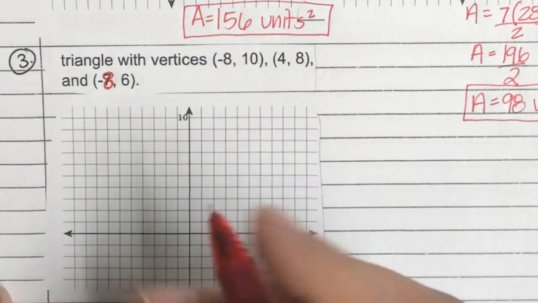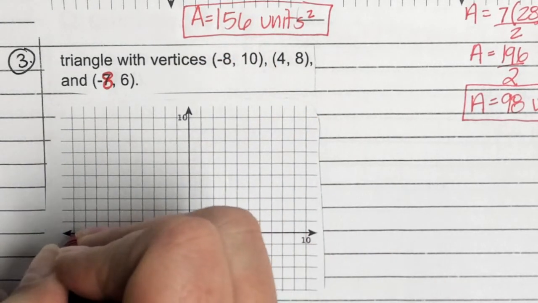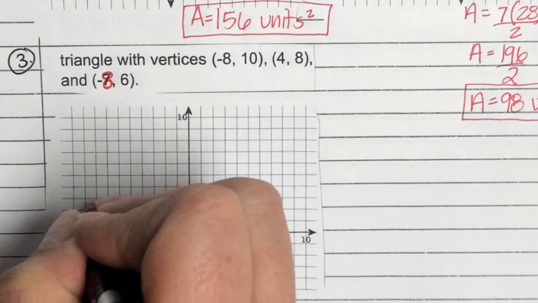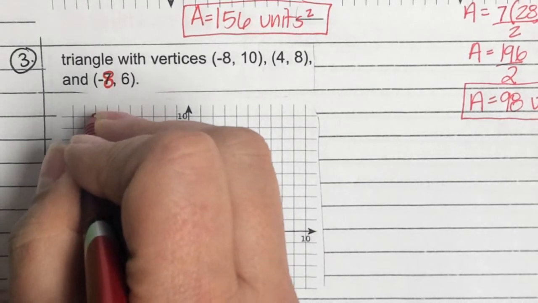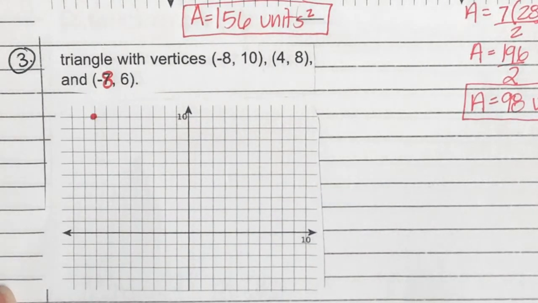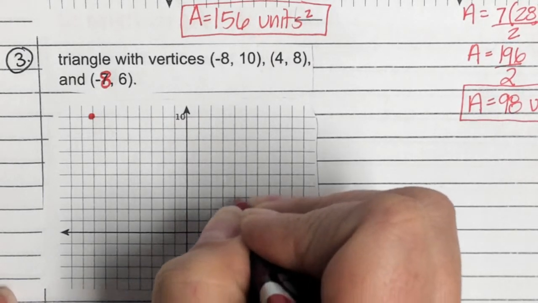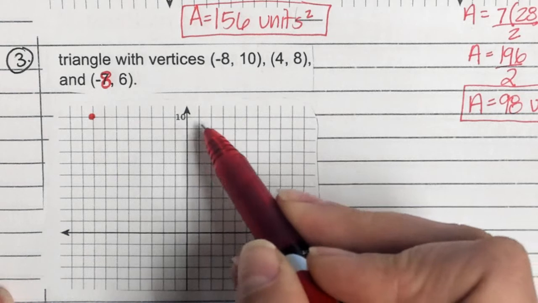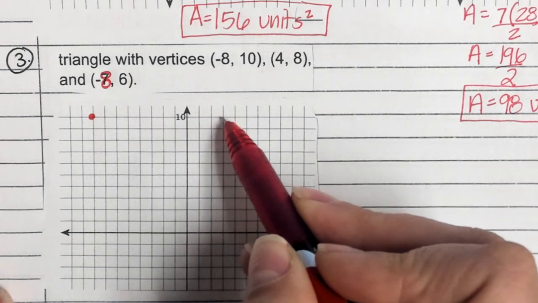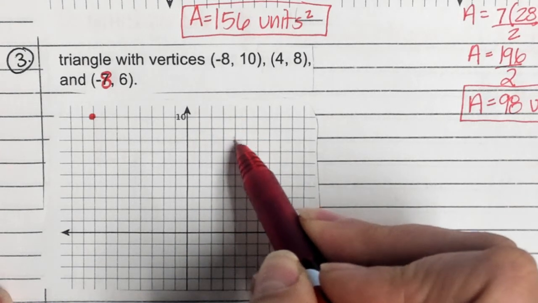We're going to graph -8. So I go all the way back. That's 10, 9, 8, and up to 10. All right. Then we've got +4. 1, 2, 3, 4. And up. Oh, I just messed up. Okay, so there's 10. 1, 2, 3, 4. Right there. Okay.